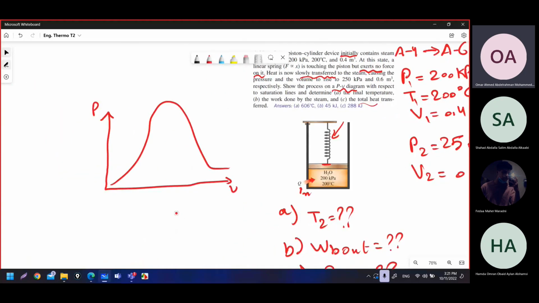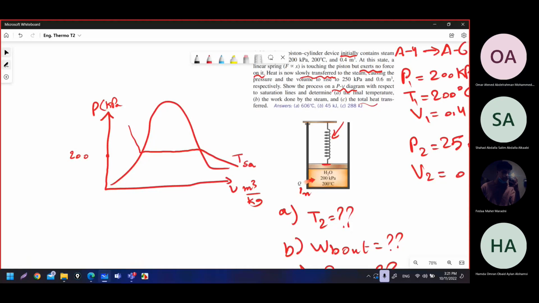If I draw that at 200 kilopascal, this axis is pressure in kilopascal and this one is specific volume in meter cubed per kilogram. At 200 kilopascal, I have a constant temperature line corresponding to Tsat, 120.21 degrees Celsius. My temperature is higher than this line, so it is above it, something here, for example.